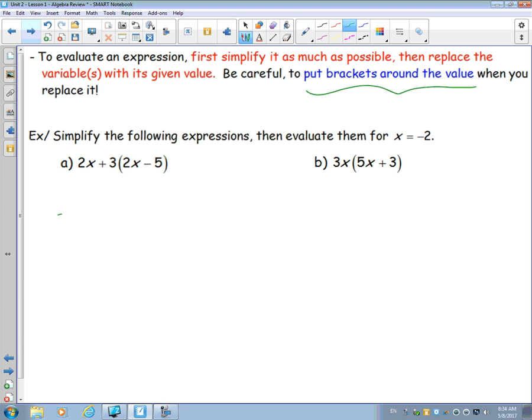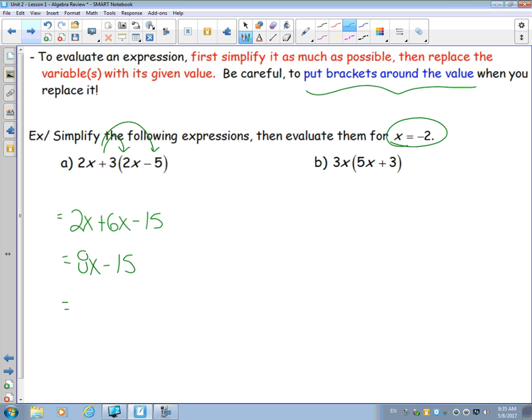So if we try this first one here, I want to simplify, and then I'm going to evaluate as if x is negative 2. So to simplify, I want to get rid of my brackets first. I want to collect my like terms next, 8x minus 15. That's as easy as that gets. Now I'm going to replace.